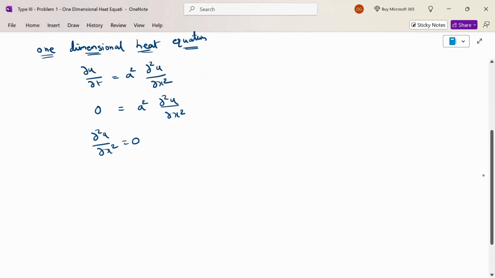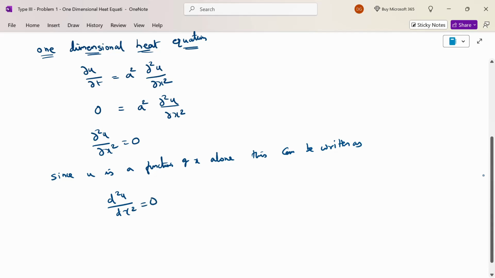Now this is a partial derivative. Here u is a function of x alone, therefore this can be rewritten as an ordinary differential equation, d square u by dx square equal to 0.